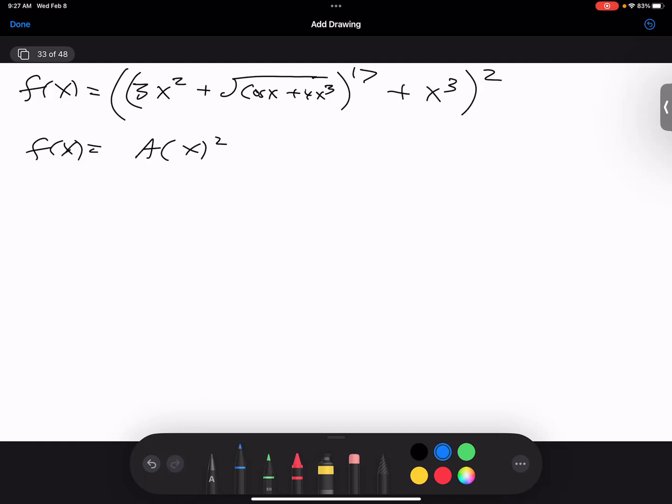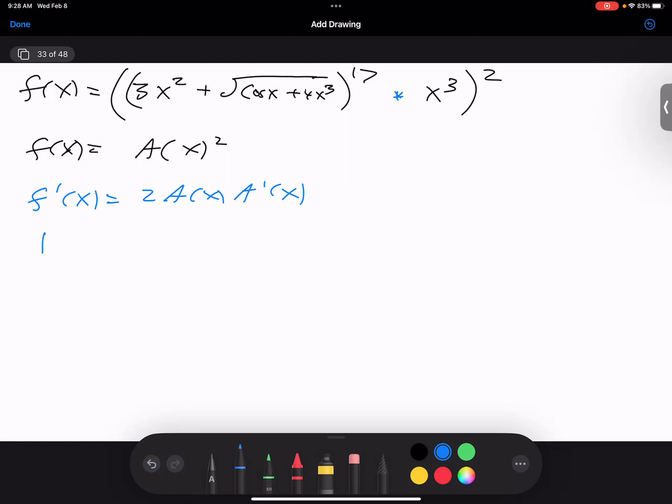And so the first thing would then be f prime of x is just going to be 2a of x, a prime of x. And I just start doing it slow and slow and slow. Let's make things a little bit more painful. This is too easy. Let's put a multiplication sign here. Okay, so now I know it's 2a of x, a prime of x.